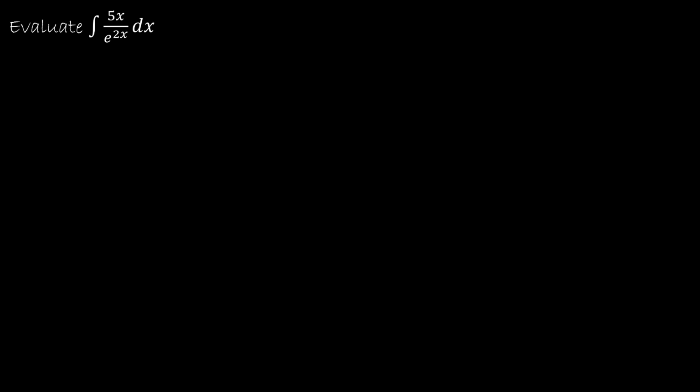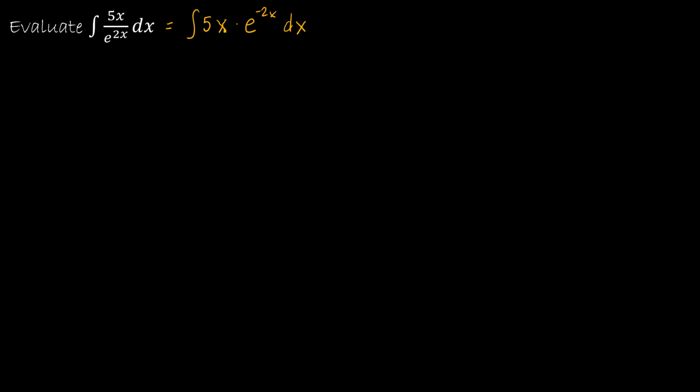If I want to evaluate the indefinite integral of 5x divided by e to the 2x dx, you might be saying, hold up, you said this was for products and this is not a product. But of course, we know that we can rewrite this as 5x times e to the negative 2x dx. So problem solved.